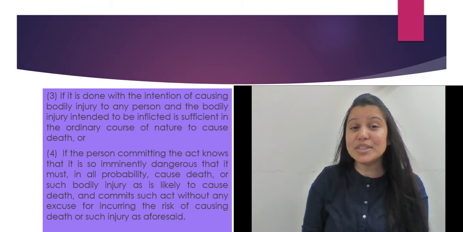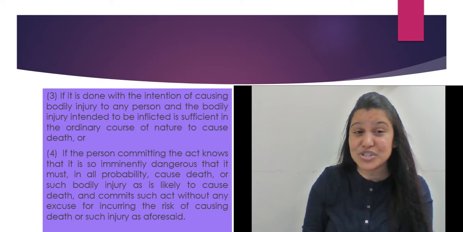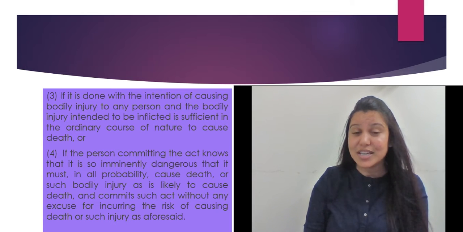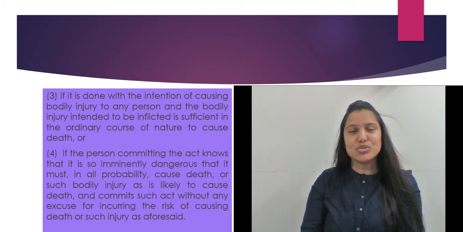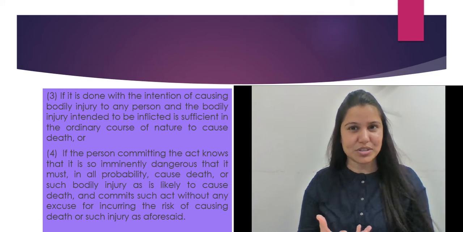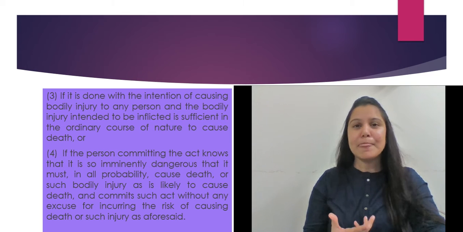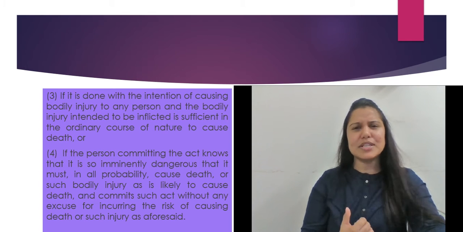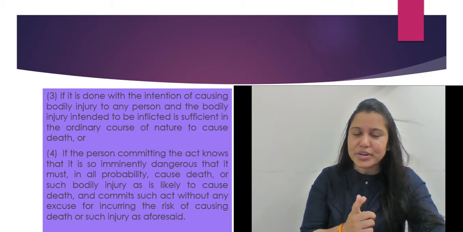If it is done with the intention of causing such bodily injury to any person, and the bodily injury intended to be inflicted is sufficient in the ordinary course. So in the ordinary course, the blow is sufficient, right? In the ordinary course, as in, let's take an example, the previous to previous example, the rod thing.